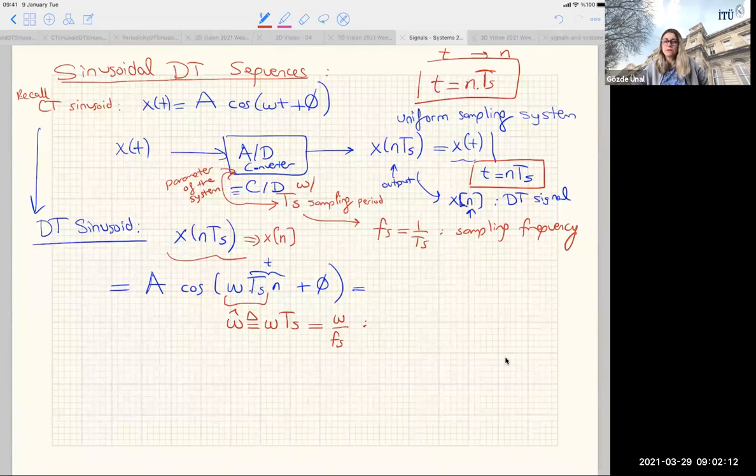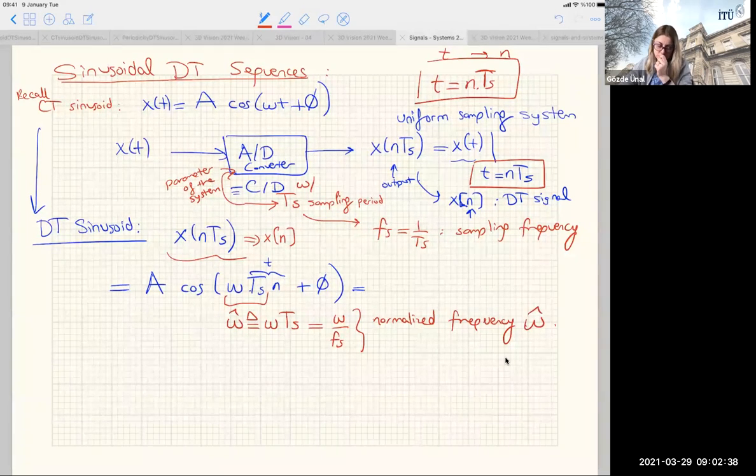We take our continuous frequency value, the frequency that is valid in our continuous time signal, and normalize it by the sampling frequency. The whole thing is normalized. Normalized frequency, omega hat.